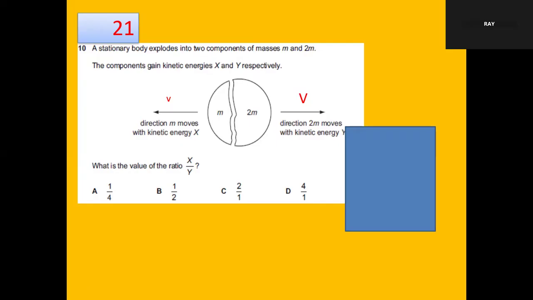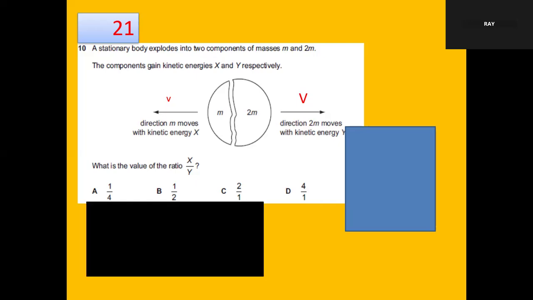Is this elastic? No, explosion is never elastic. You start with conservation of momentum.